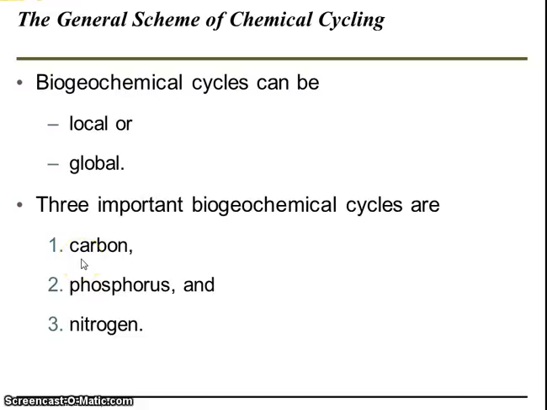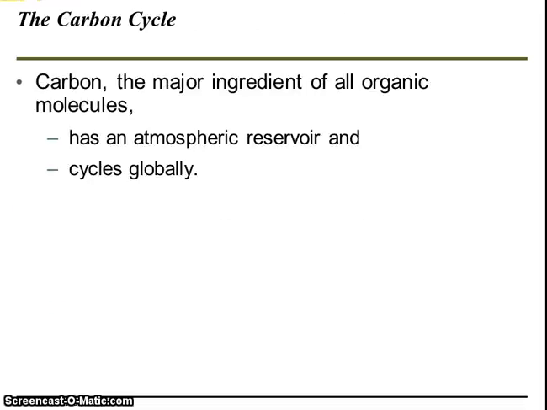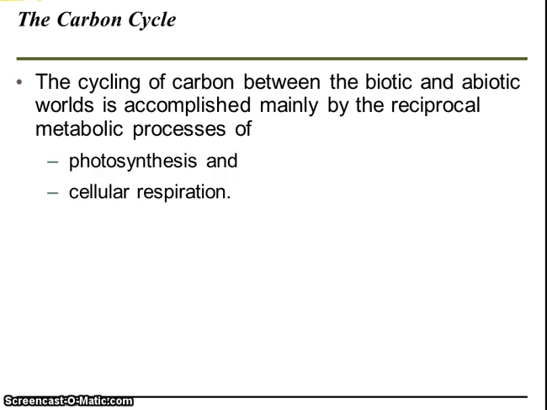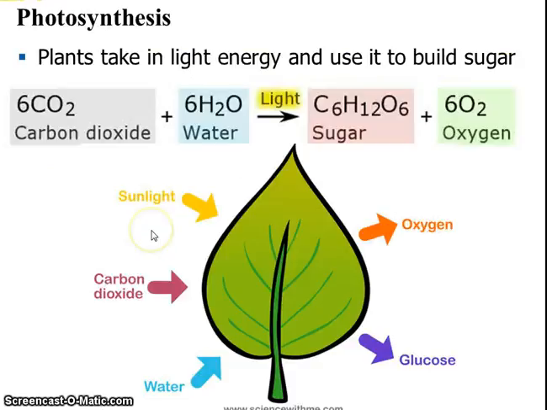Carbon, we talked about a lot, is the backbone for organic materials. Phosphorus and nitrogen are also important nutrients. So carbon cycles globally. It moves between the biotic and abiotic. Remember photosynthesis and cellular respiration? Those are going to be really important.